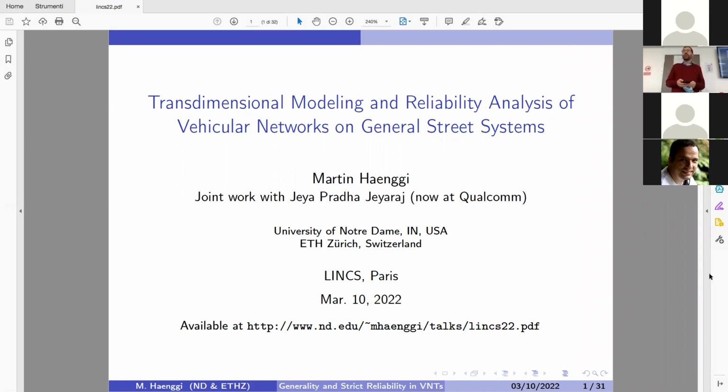Our first speaker will be Professor Martin HAENGGI, who's a professor of electrical engineering, as well as of applied and computational mathematics and statistics at Notre Dame. Martin obtained a PhD in 1999 from ETH Zurich, and then did a short stint at UC Berkeley before joining Notre Dame. Martin received a number of very prestigious IEEE Best Paper Awards.